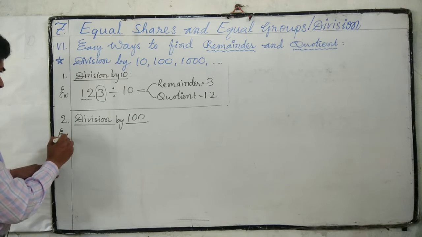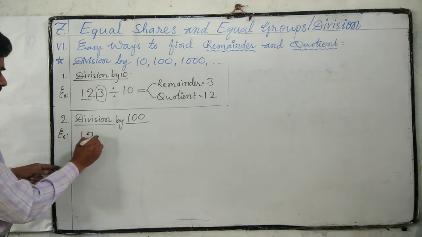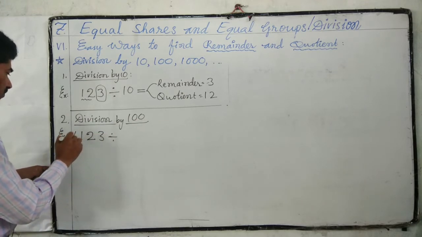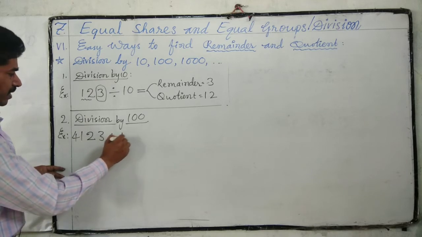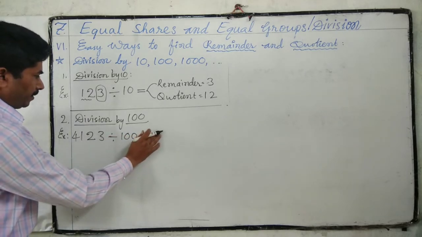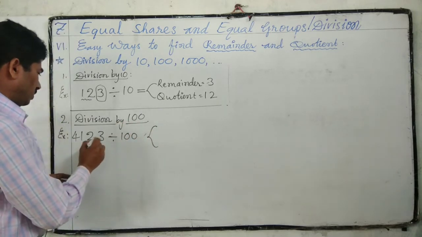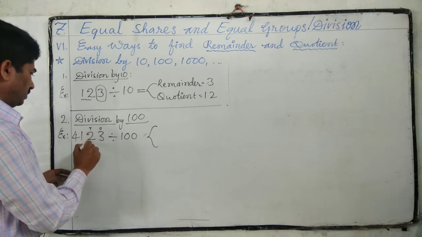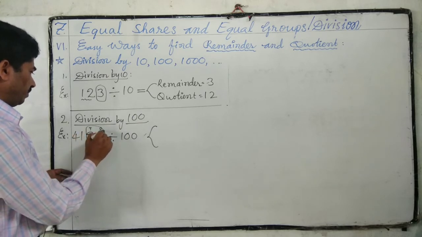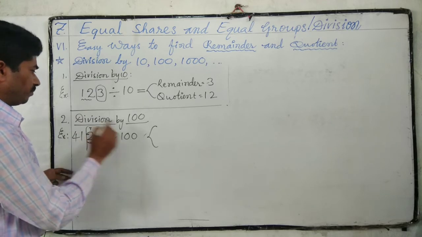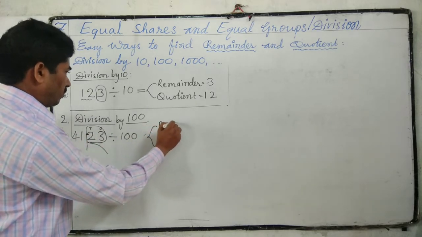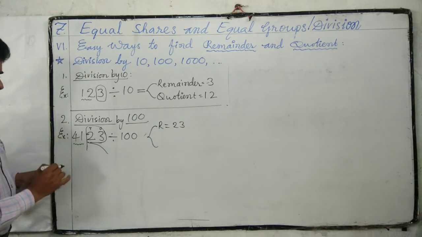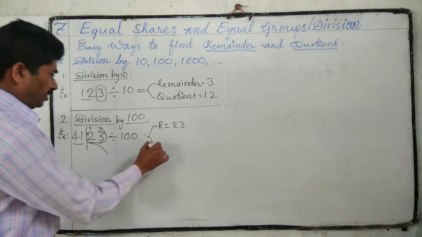Let us see one example. 4123 divided by 100. In this, ones and tens, the last two digits, are the remainder, 23. The number formed by the remaining digits, 41, is the quotient.